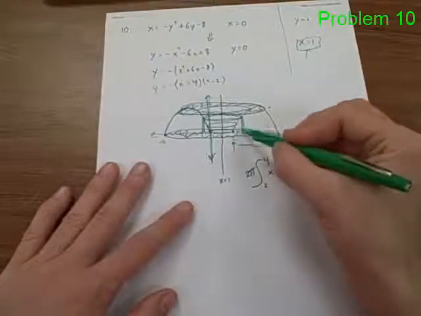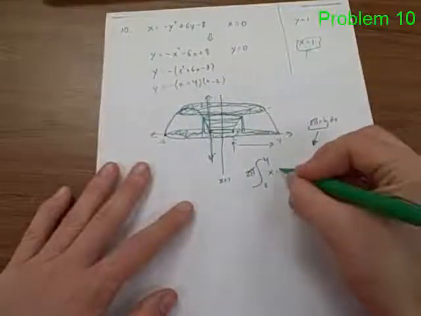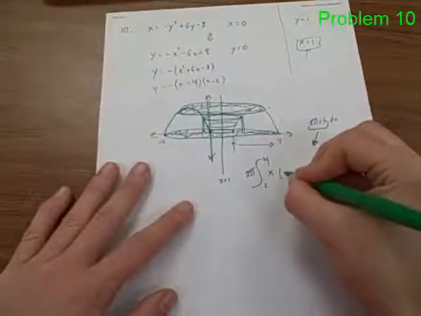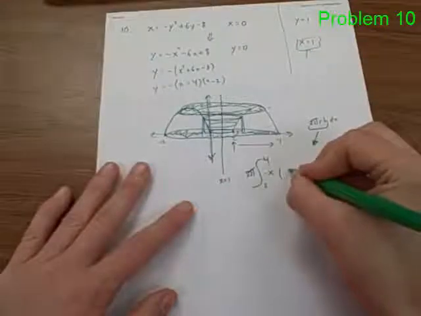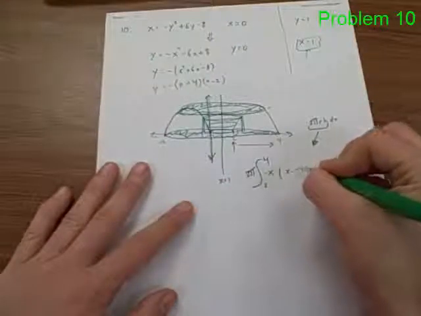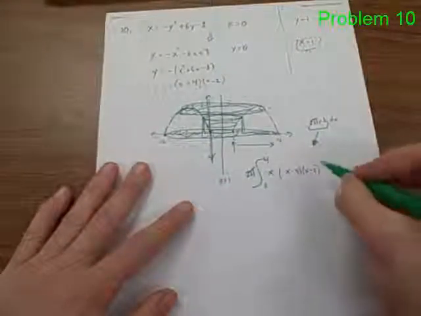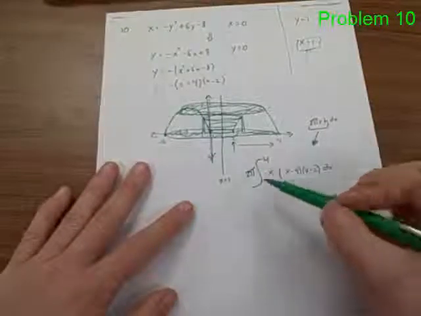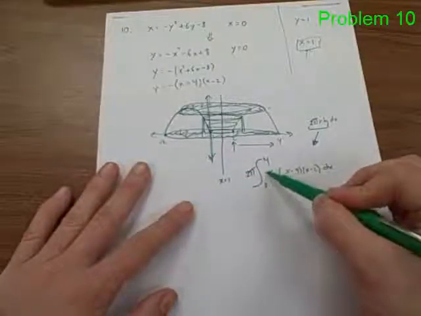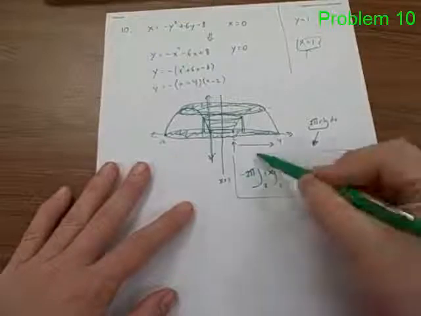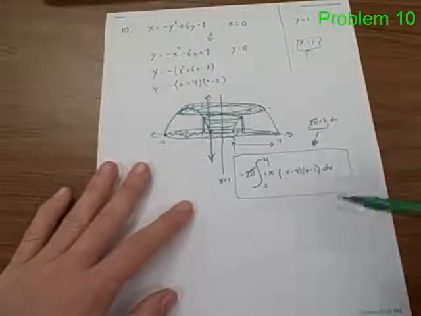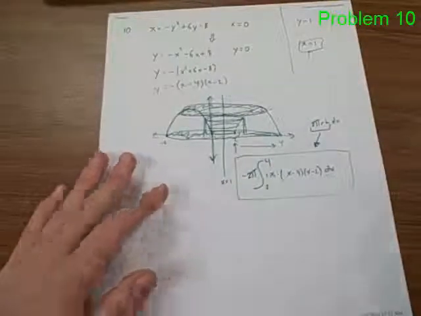And the height is the height of the function here. So that's going to be negative x minus 4 times x minus 2, and the thickness is dx. So here, let's move the negative sign outside the integral. There we go. So that would be the integral that you could then evaluate, which is what you should do.